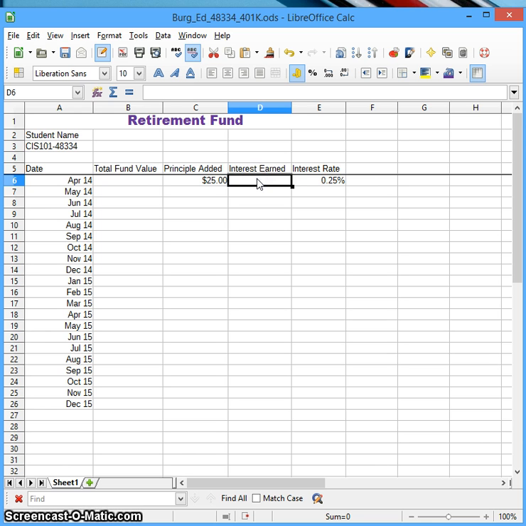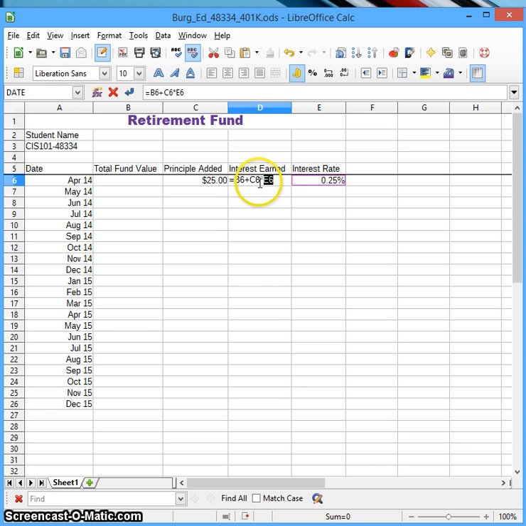Okay. The amount of interest earned is how much we started with, how much we added, and what the interest rate is multiplied by that. So here it is, equals B6 plus C6 times E6, the interest rate.